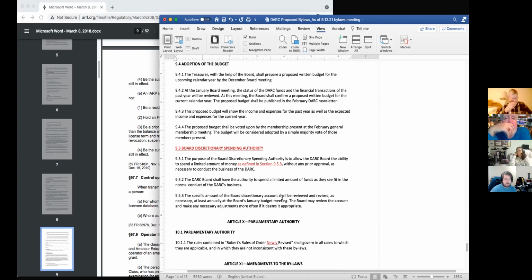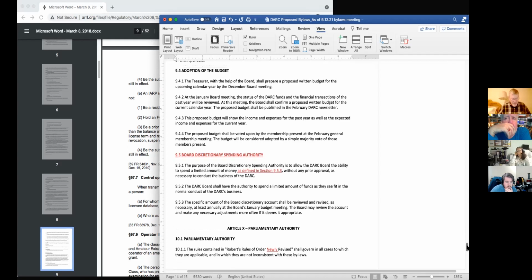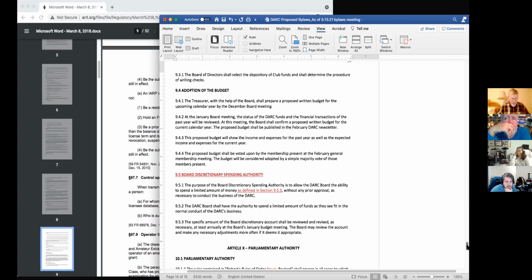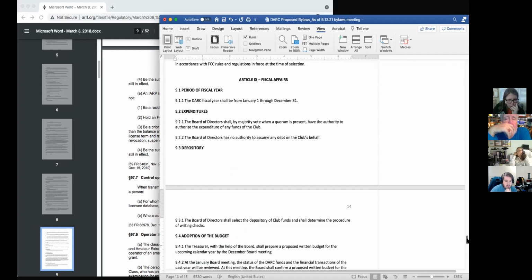But what was that sentence we passed in another section which said the board of directors are authorized to spend any amount of money? It was before adoption of the budget. Is it in 9.3 maybe, 9.2?